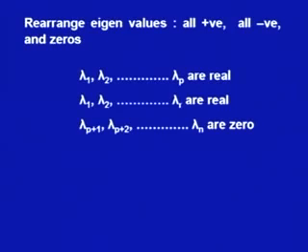So, lambda 1 to lambda p are real positive values, lambda p plus 1 to lambda r are negative values, and lambda r plus 1 to lambda n are 0 values. Here r happens to be the rank of the matrix A, and out of these r, p are positive and the remaining are negative, while all eigenvalues from r plus 1 to n are 0.